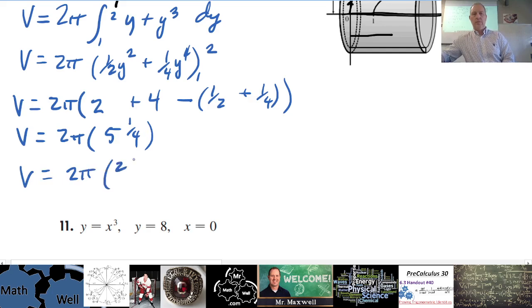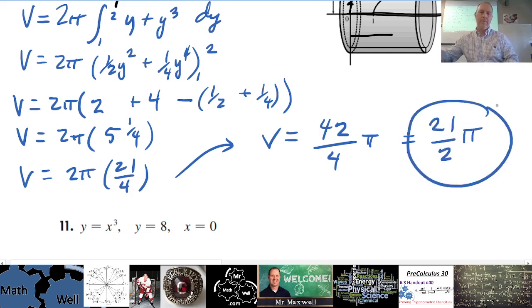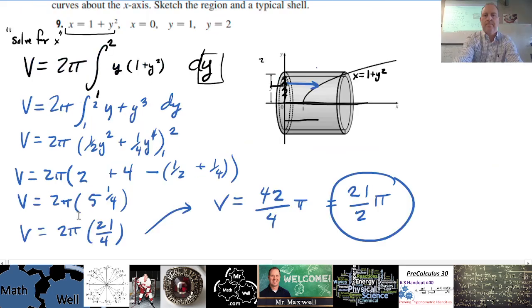So 2 pi times 21 over 4. The volume will be 42 over 4 pi. Now that reduces to 21 over 2, so 21 over 2 pi. Something like that. Double check some things. All right, so that is correct.